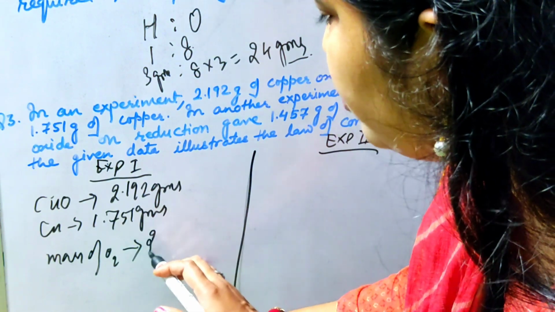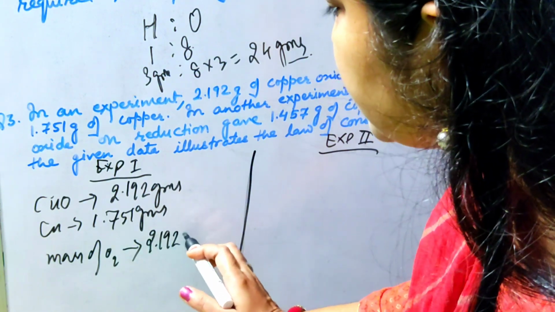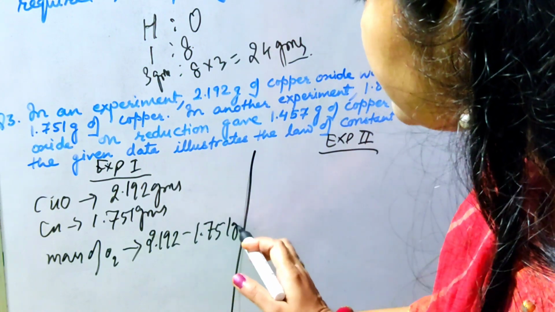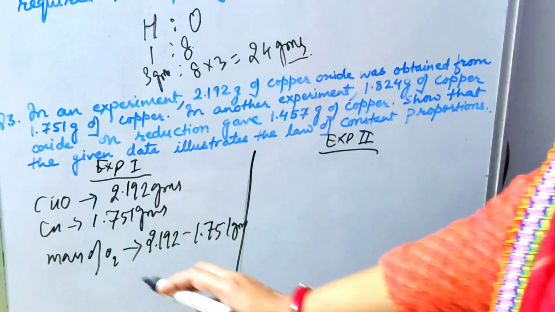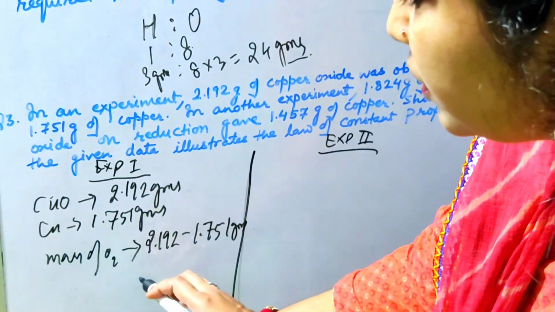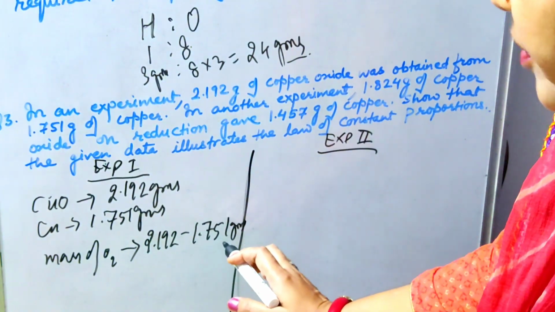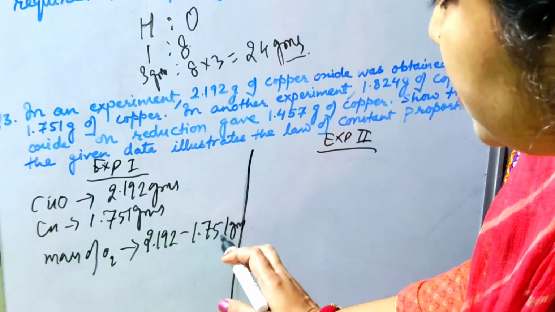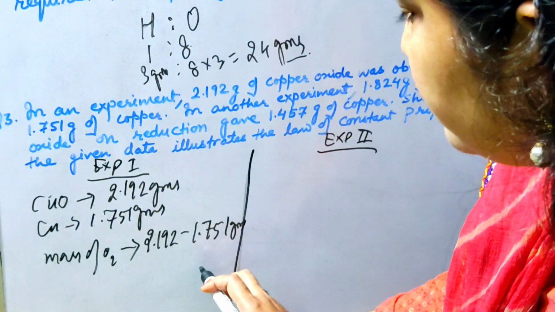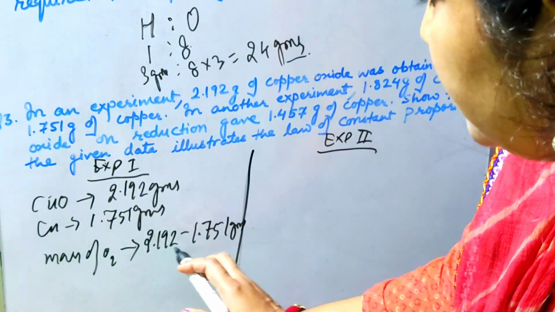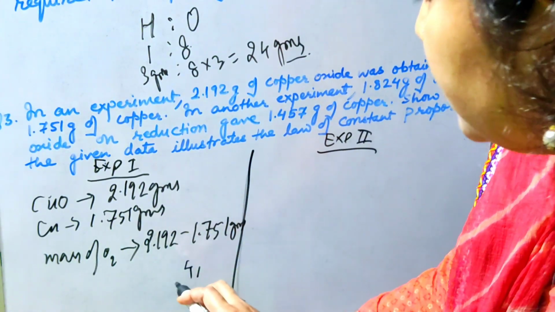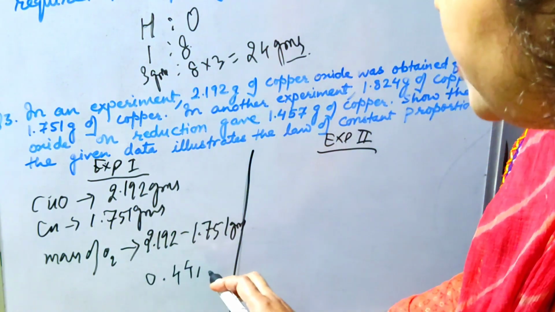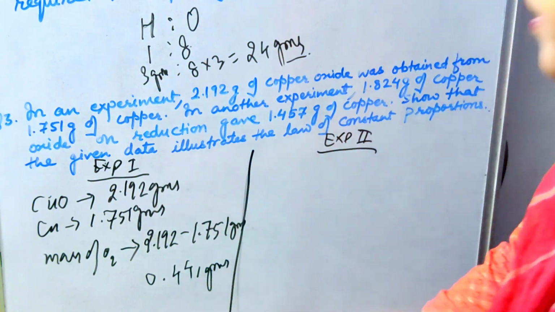Okay, so it will be 2.192 minus 1.751 grams. Okay, so this is how you can find out the mass of oxygen. You will do the subtraction part. See what digit you will get. It will be 0.441 grams of oxygen you will get.